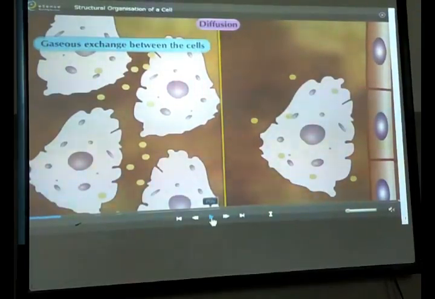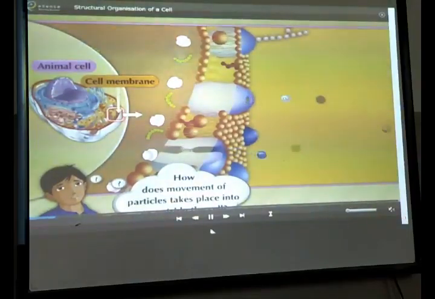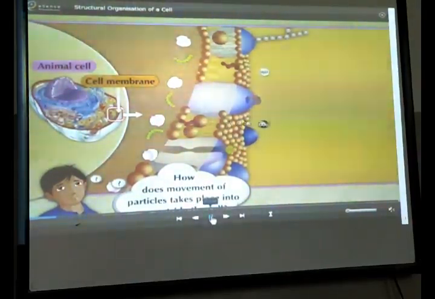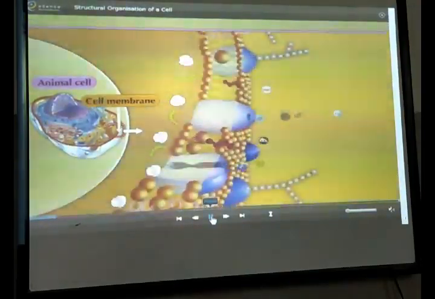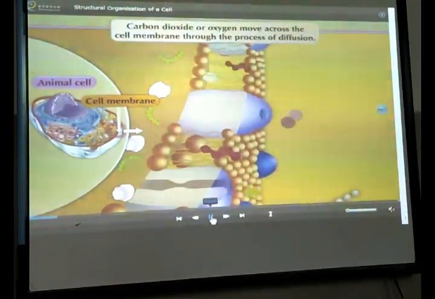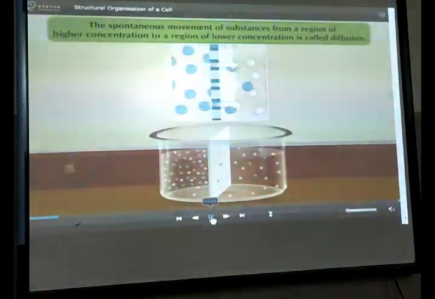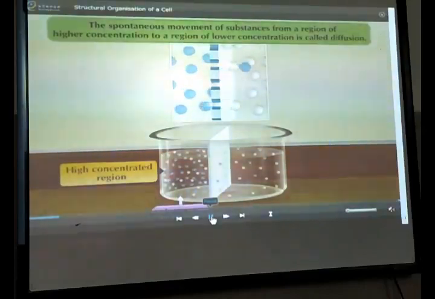We already learnt about this. See here, how diffusion takes place there. Two types of situations are created.